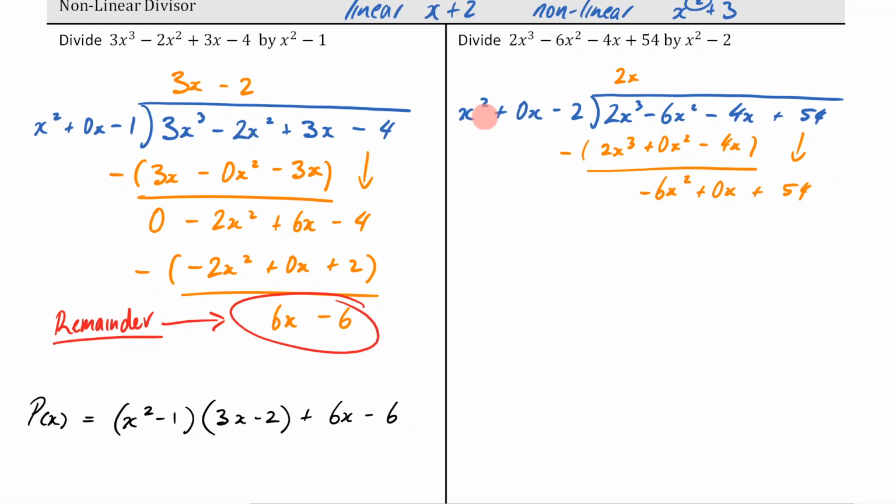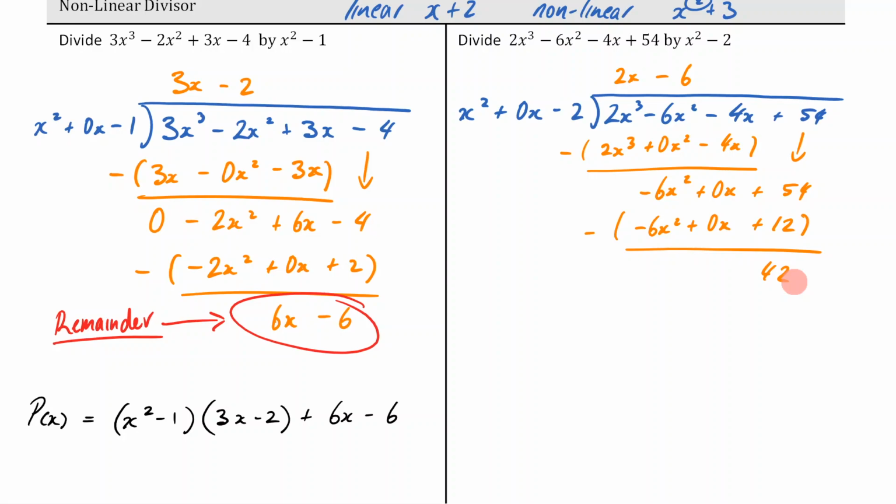Then we keep on going. X squared times what is negative 6x squared? Well, that's going to be negative 6. Then I multiply that down. This is going to be plus 0x again. This is going to be plus 12 here. Then I'm going to subtract here. This is going to go away. This will be nothing. And then this is going to end up being 42 here. So that means that's my remainder there.